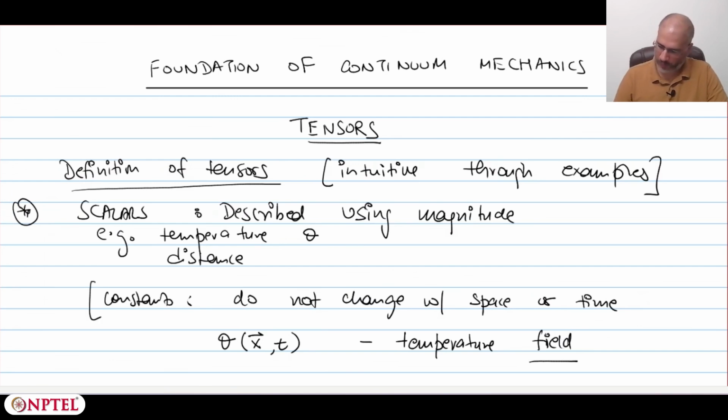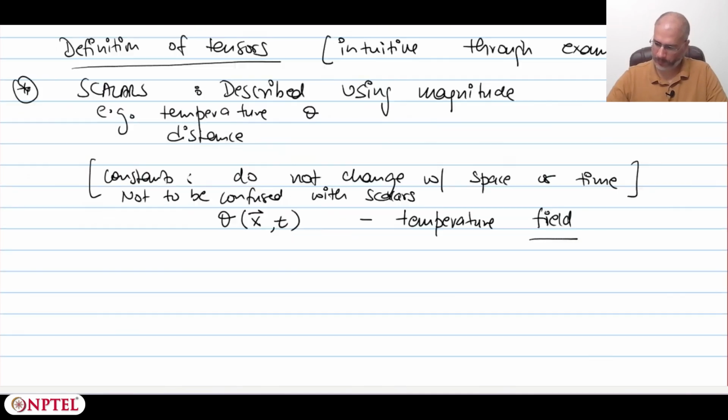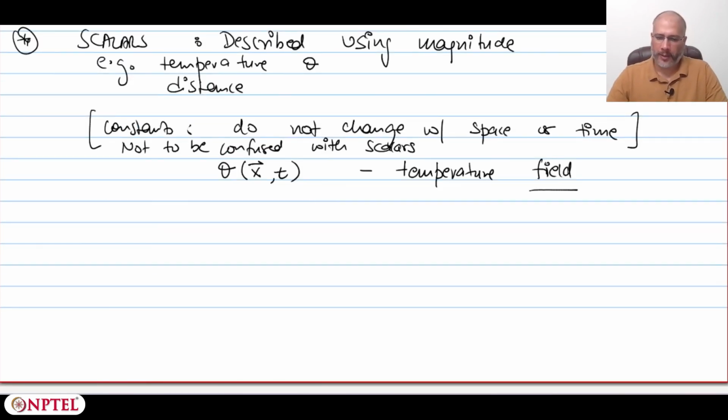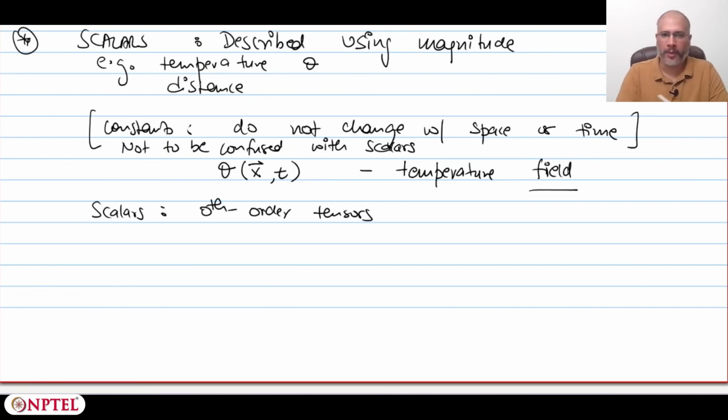I'll put constant in a bracket and just mention that it is not to be confused with scalars. Right, so now that we understand what scalars are, actually scalars are called zeroth order tensors. This gives us an understanding of what scalars are.